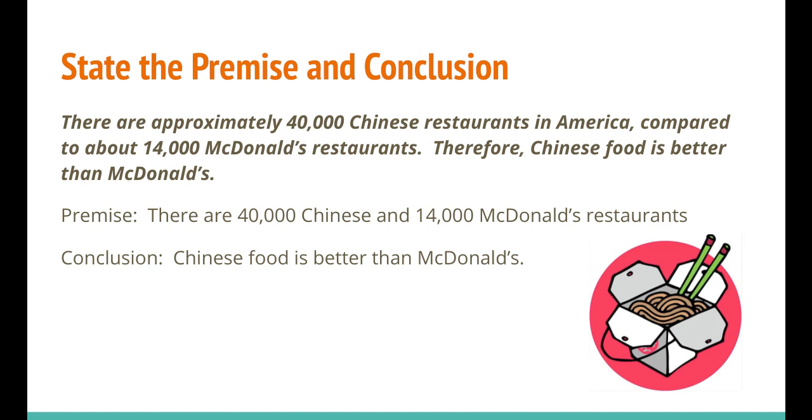Here, we're really saying Chinese food is better because 40,000 is bigger than 14,000. We're appealing to the majority. More Chinese restaurants exist than McDonald's restaurants. So they're trying to appeal to majority. Also, popularity here. So appeal to majority fallacy.